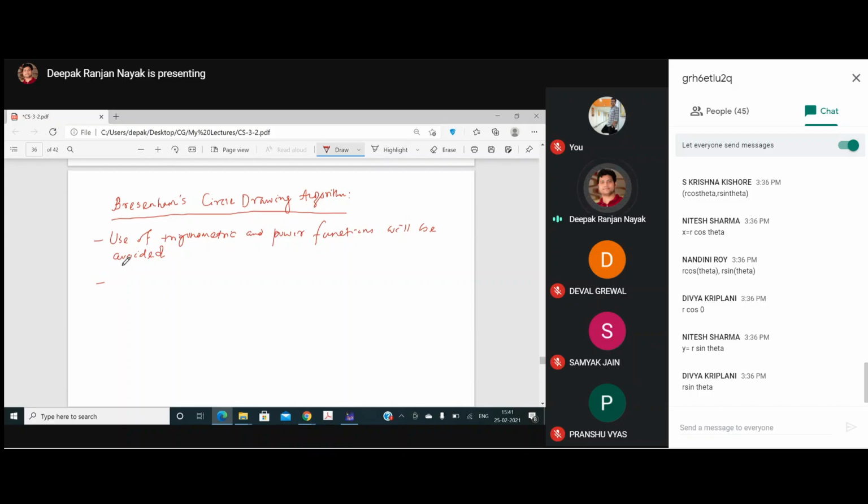And as I mentioned, the Bresenham circle drawing algorithm will also try to meet the requirements we have seen in the case of line drawing algorithms. So basically, integer point calculations.